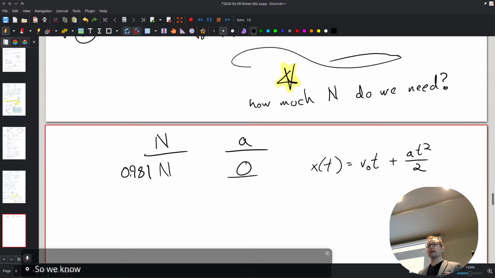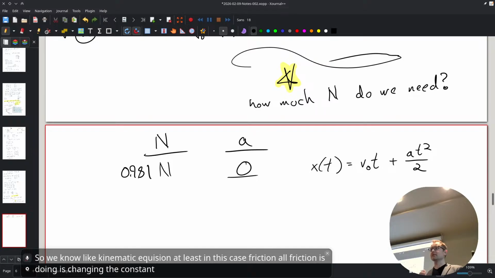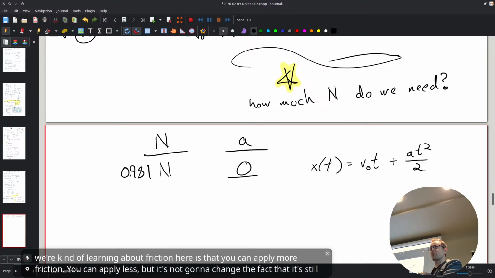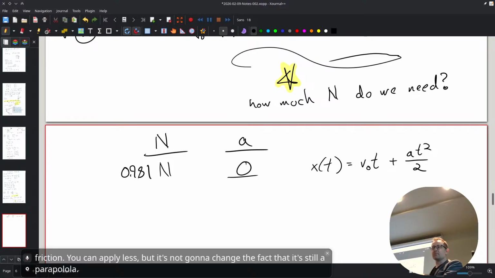We know the kinematic equation, at least in this case, all friction is doing is changing the constant of acceleration. That's the thing that we're learning about friction here: you can apply more friction, you can apply less, but it's not going to change the fact that it's still a parabola. But here, our parabola is not a parabola, right? Or is it? Am I missing something?